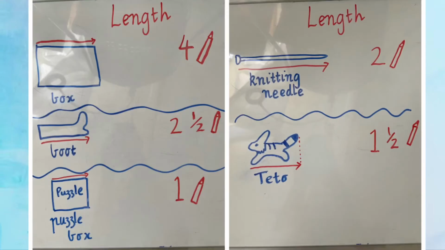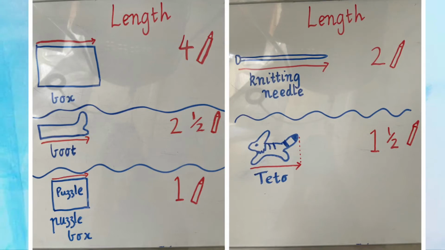Okay, 2 objects left, the box and the boot. One of these objects is the longest object I've got, and the other one is the second longest. Well done, the box is 4 pencils long.